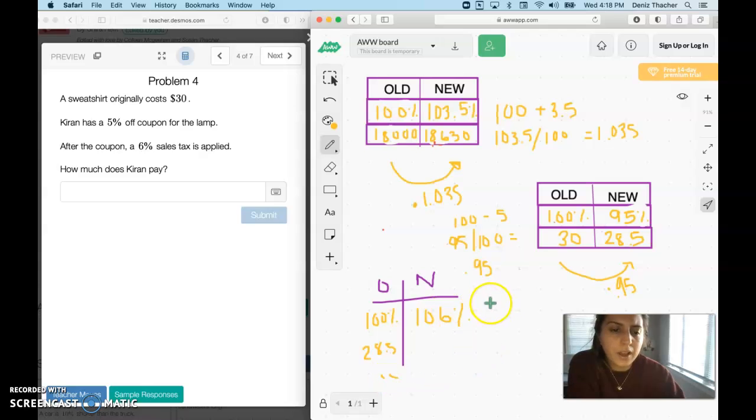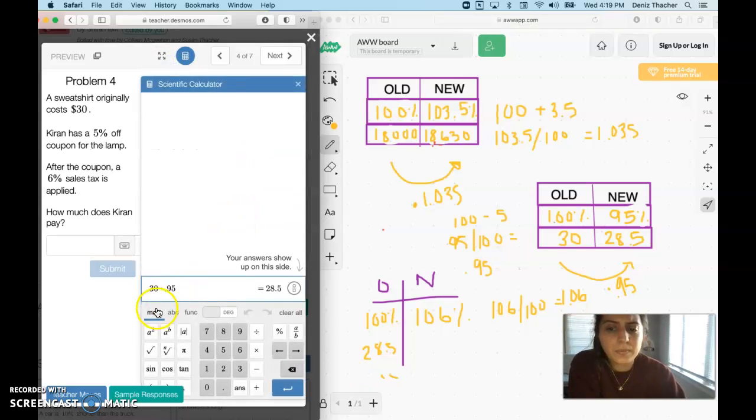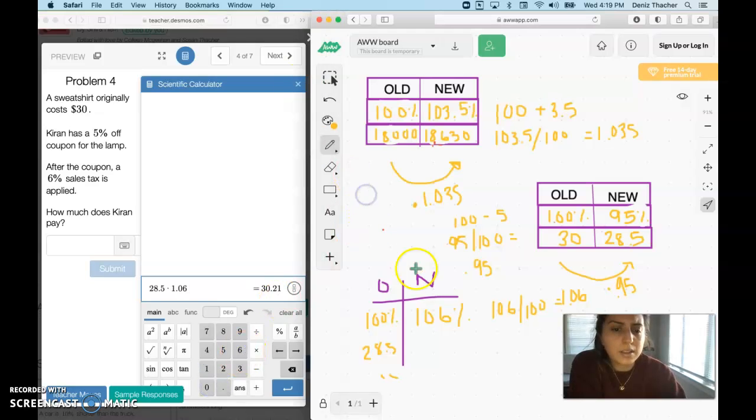So I'm going to divide 106 by 100 to give me 1.06. So that means I'm going to multiply my $28.50 by 1.06. So I got my $28.50 times 1.06. And that gives me $30.21.